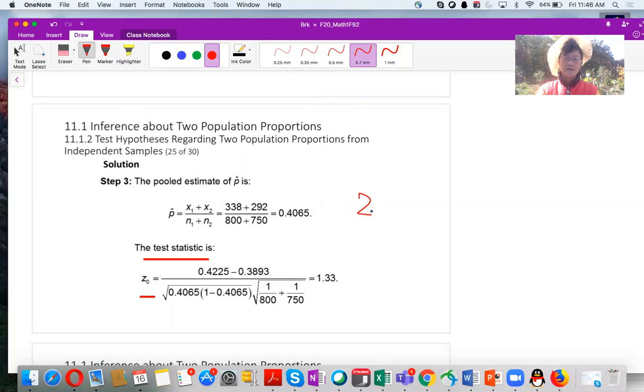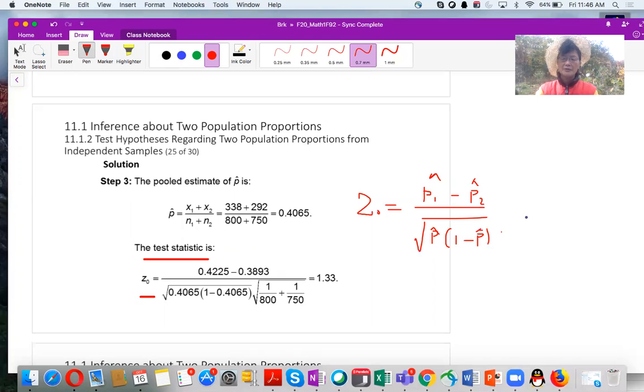Test statistic Z or Z0 equals p1 hat minus p2 hat, over the square root of p hat pooled times (1 minus p hat), and then times another square root of 1 over n1 plus 1 over n2.